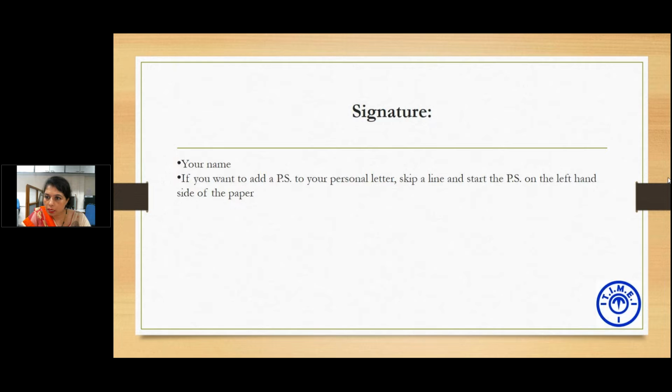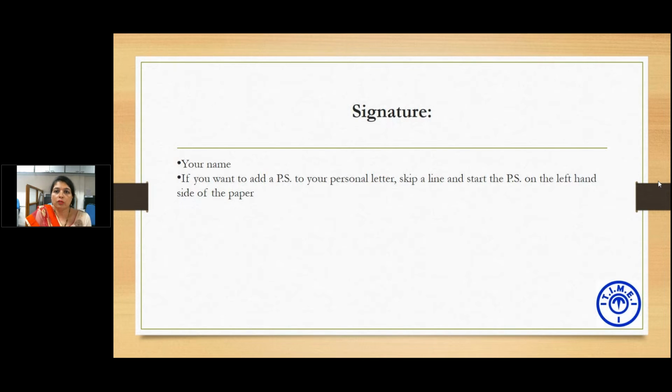Now, Rani has asked me, should the body alone contain 150 words? Now, I don't know what you're talking about. If the letter has to be written in 150 words and it's a formal letter, normally 150 words are what you're asked to write in a formal letter.